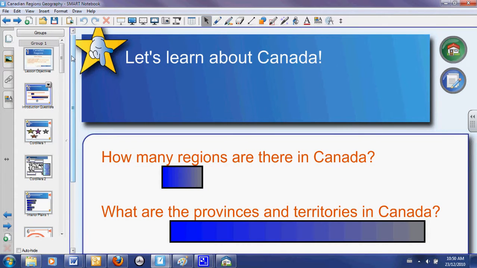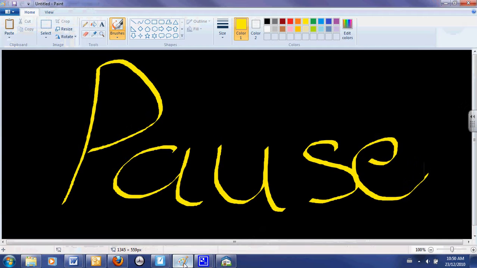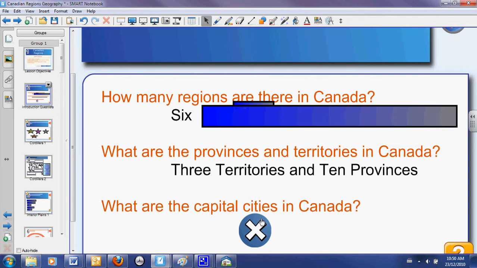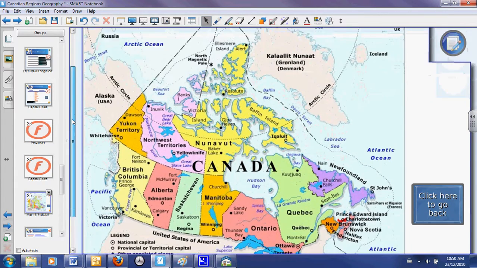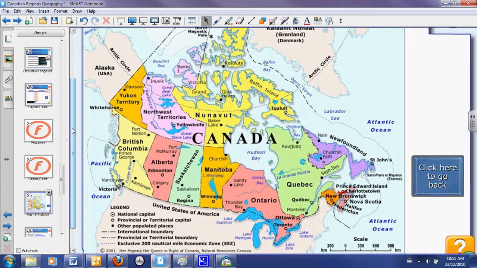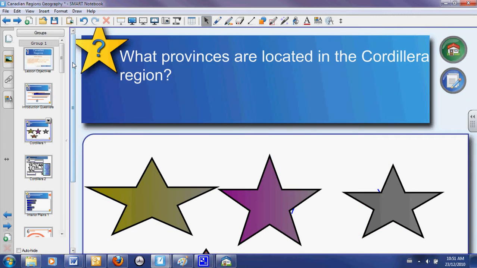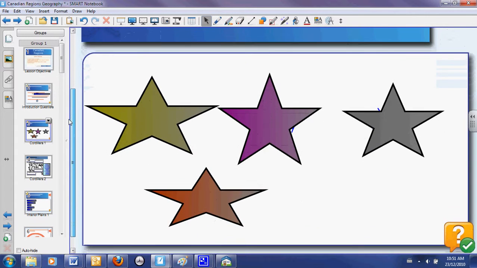So the first slide's asking us these questions. The next frame is asking us what provinces are located in the Cordillera region.